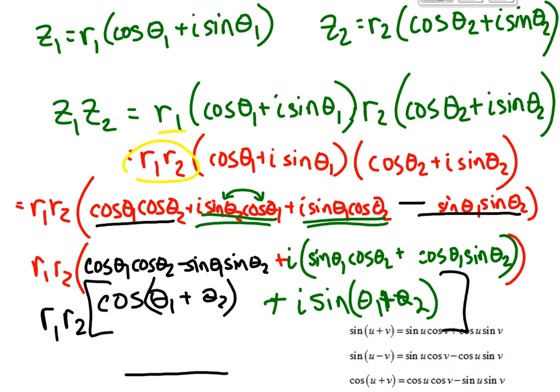Then I just FOILed that all out. So I got cosine theta 1 cosine theta 2, plus i sine theta 2 cosine theta 1, plus i sine theta 1 cosine theta 2, minus the sine theta 1 sine theta 2.